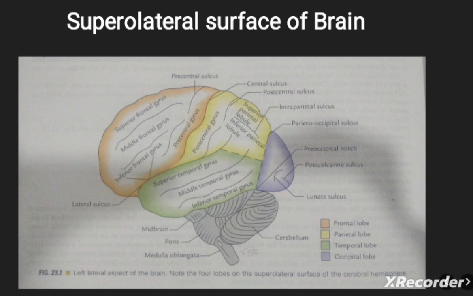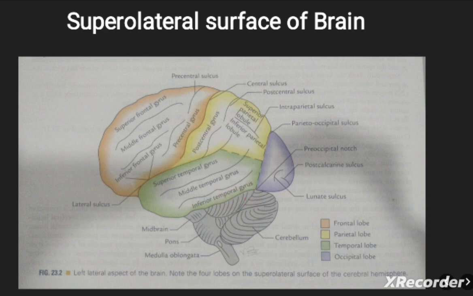Then you can see the temporal part. Here it's almost similar to the frontal part, with the superior temporal sulcus and inferior temporal sulcus that divide the temporal lobe into three parts. It's the same: superior temporal gyrus, middle temporal gyrus and inferior temporal gyrus.